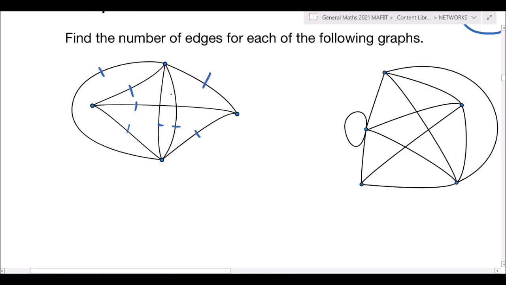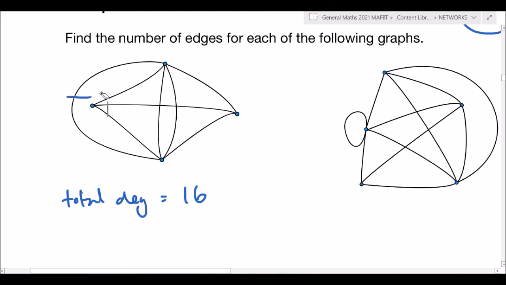Notice how I mark them out; that does help with counting. So there's 8, which means the total degree should be 16, because it's double the number of edges. I'll count again: 1, 2, 3, 4, 5, 6, 7, 8.